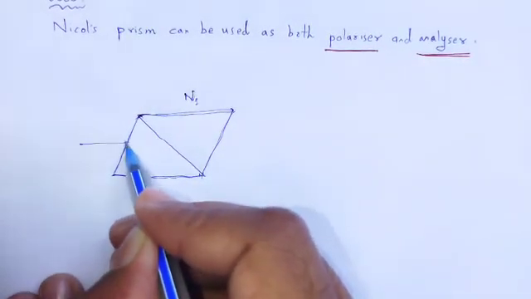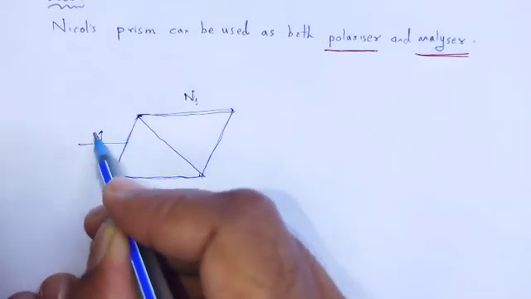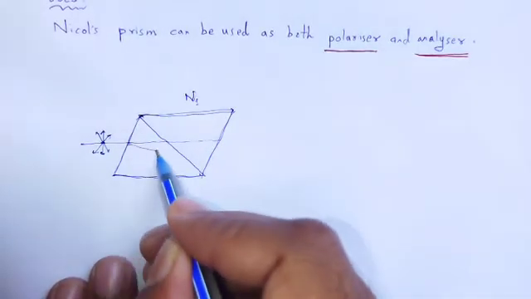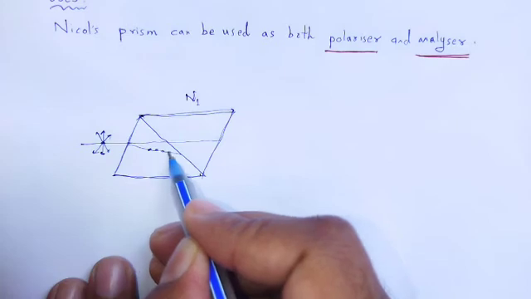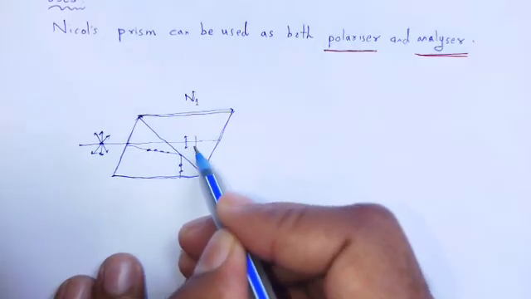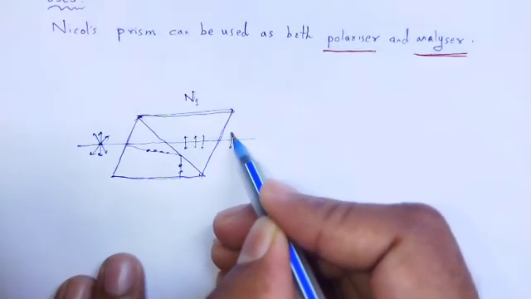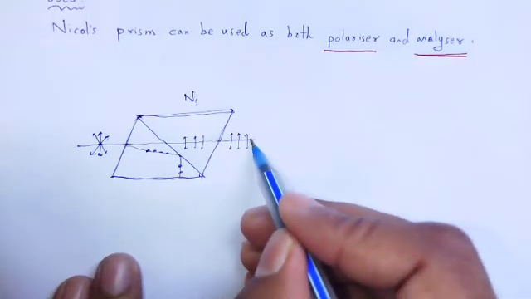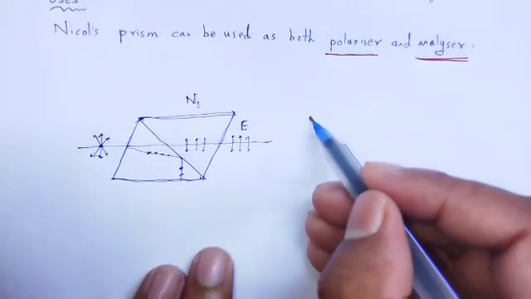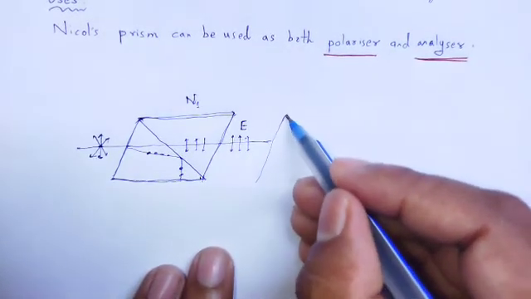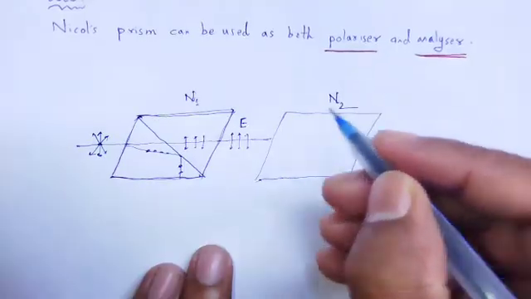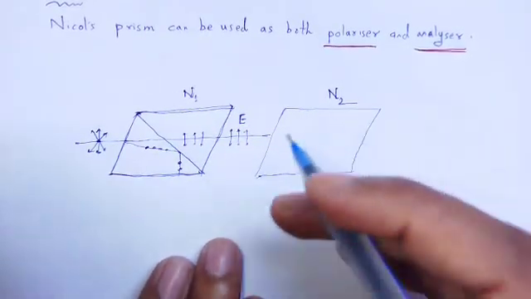When an unpolarized electromagnetic wave is incident, here is the O ray and there will be the E ray, and for that E ray another Nicol prism is used parallel to the Nicol prism N1.